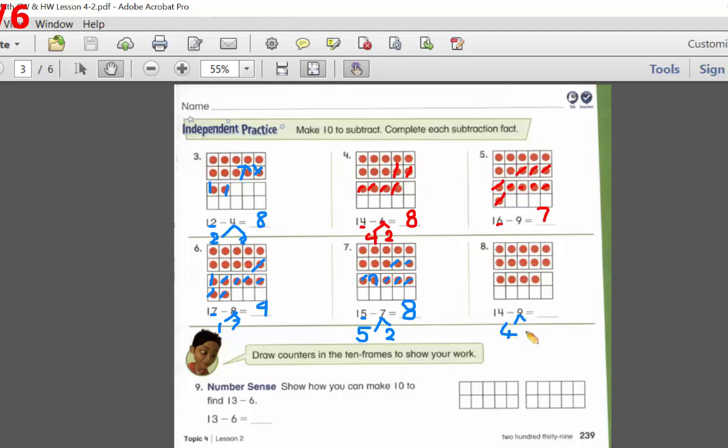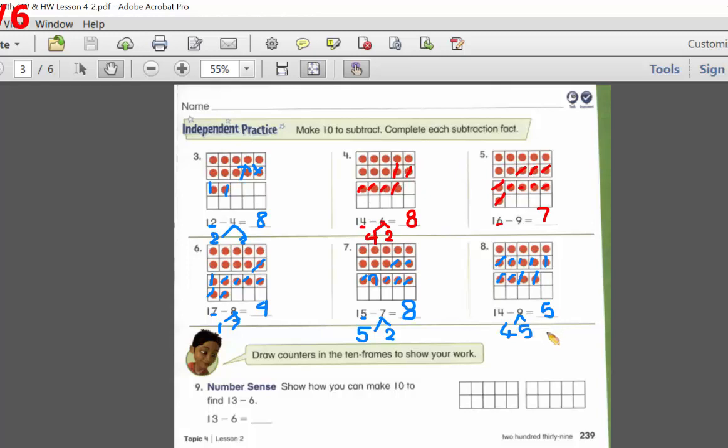The first part is 4, so the other part will be 5. 4 plus 5 equals 9. So I'll cross out 4 to make 10. And then I'll cross out the other part, 5. 1, 2, 3, 4, 5. How many left? 5 left. So 14 minus 9 equals 5.